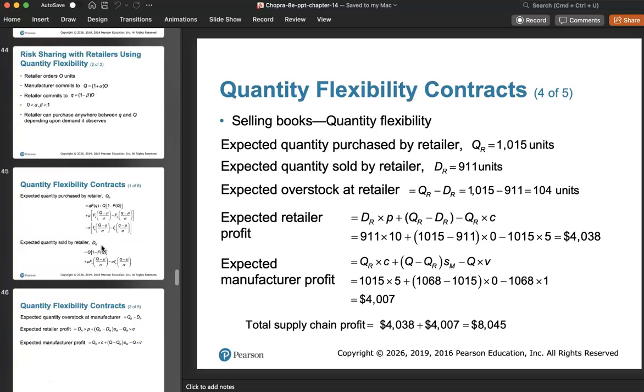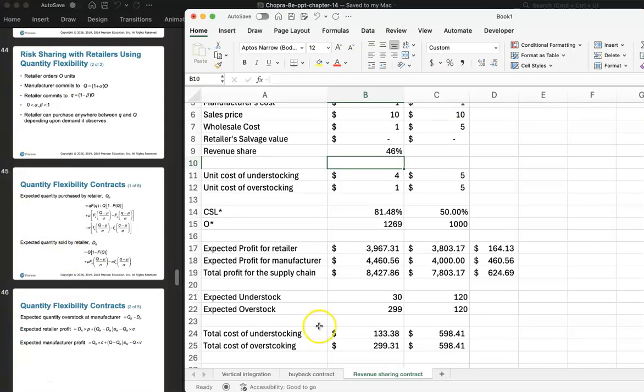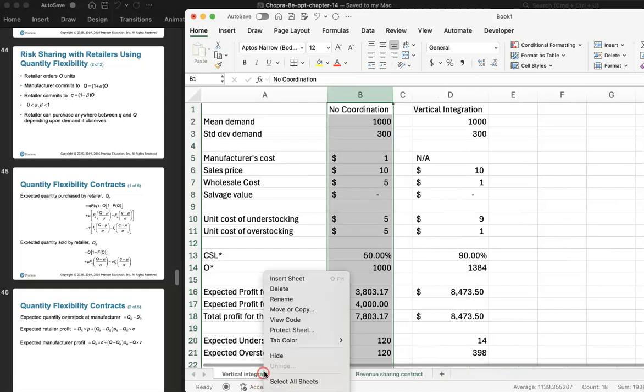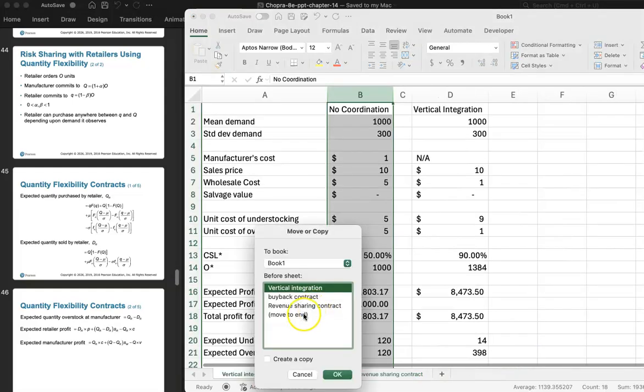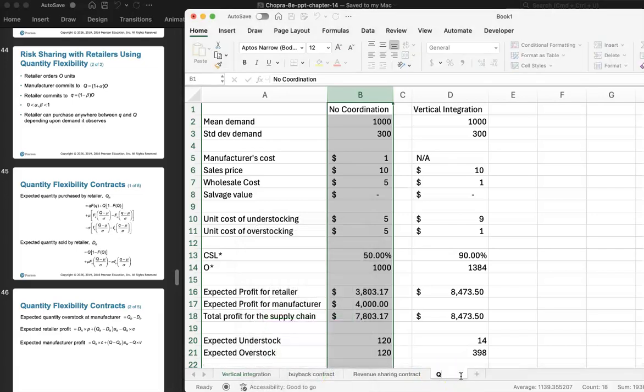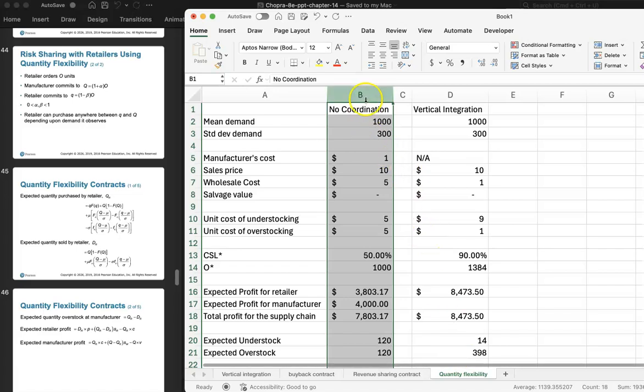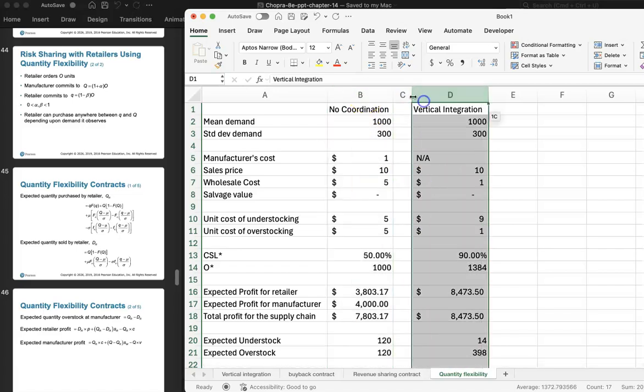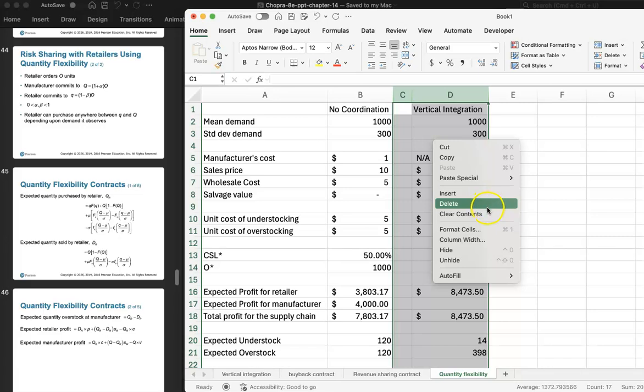So how to actually put these values into Excel. I'm going to do the same thing. Just going to create a copy. Call this quantity flexibility. So it's the quantity flexibility contract again. I'm going to get rid of that for the time being.